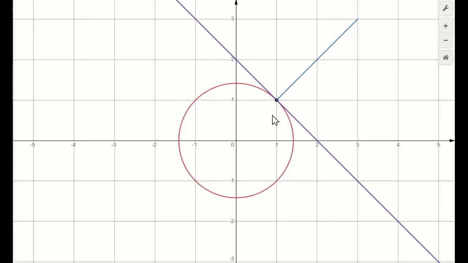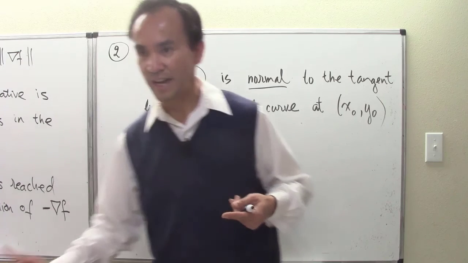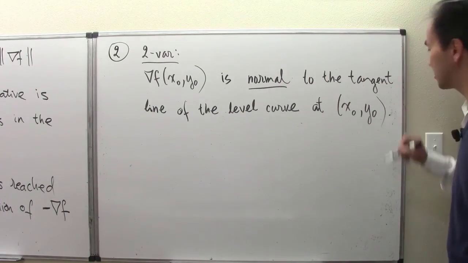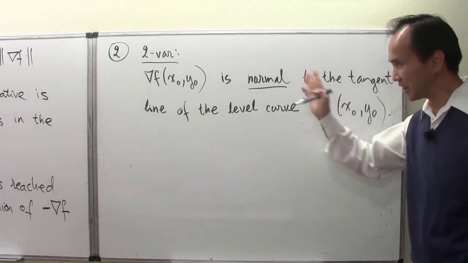A looping curve like this has an outer area and an inner area. So usually the gradient vector points outward and is perpendicular to the tangent line at that given point. That's what was stated in property number 2, but this is for the case of a 2-variable function.